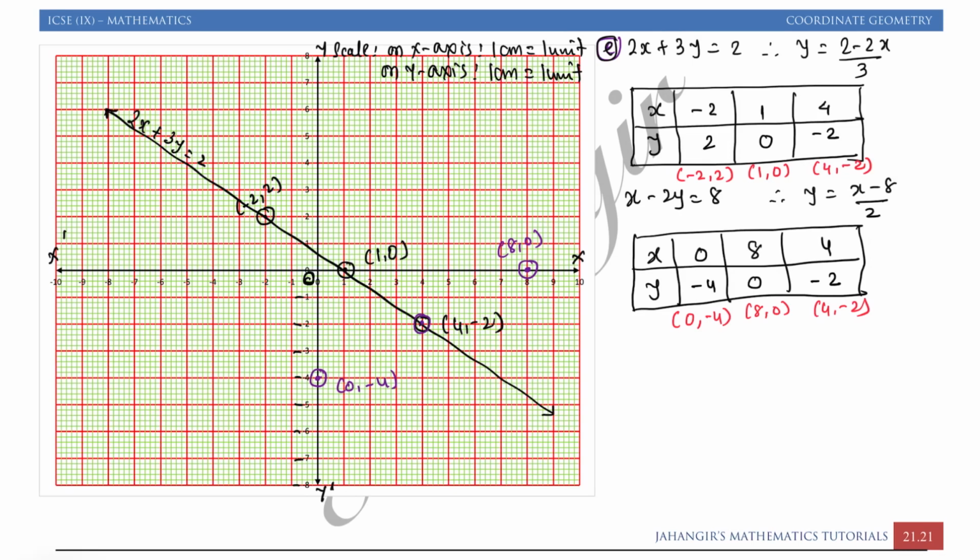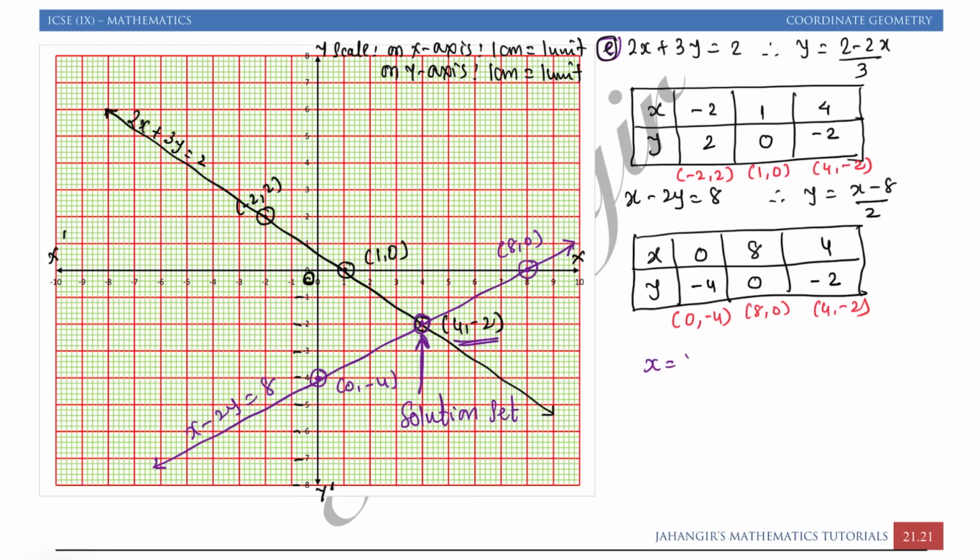So we have to join these three points. If it is overlapping, it's okay, because one point is always common. That is our solution set. Write down the equation, that is x minus 2y is equal to 8. This is our solution set, which is (4, -2), already written over here.